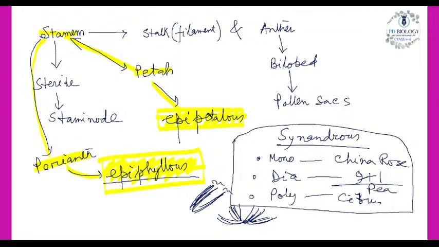Next, the gynoecium or pistil. The female reproductive part is made up of one or more pistils, or we can say carpels. A carpel has three parts. What are the three parts?